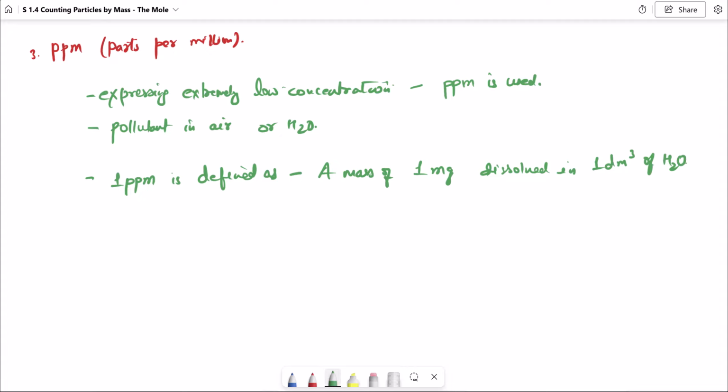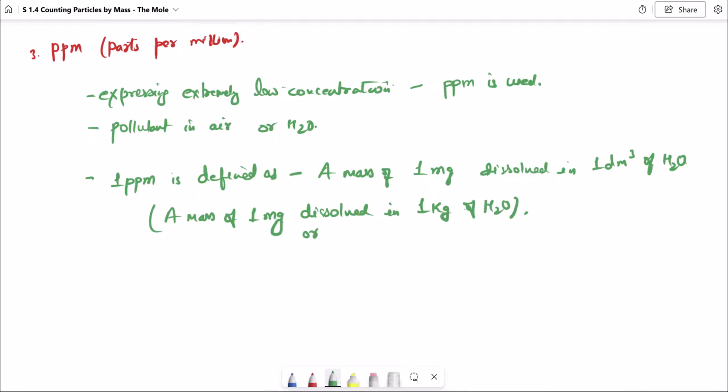This is the definition. Since 1 dm cube weighs 1 kg, you can also say it, right? So we can also say that a mass of 1 mg dissolved in 1 kg of water, right?